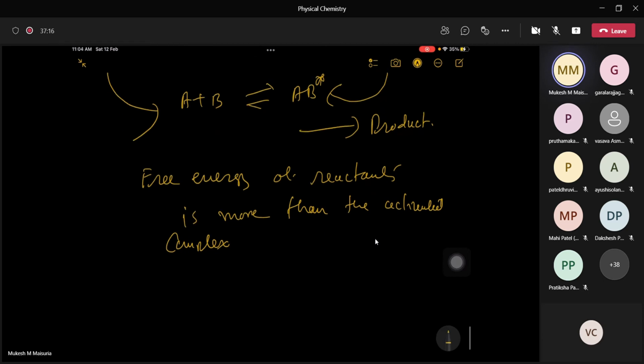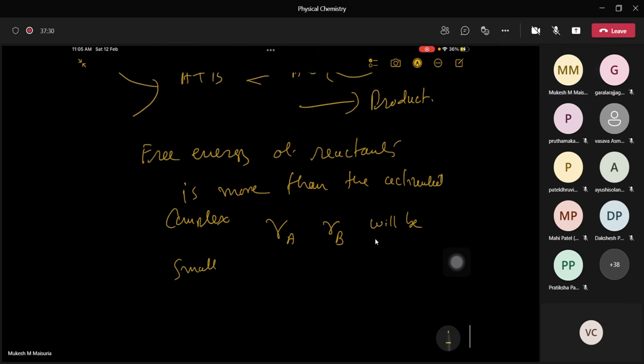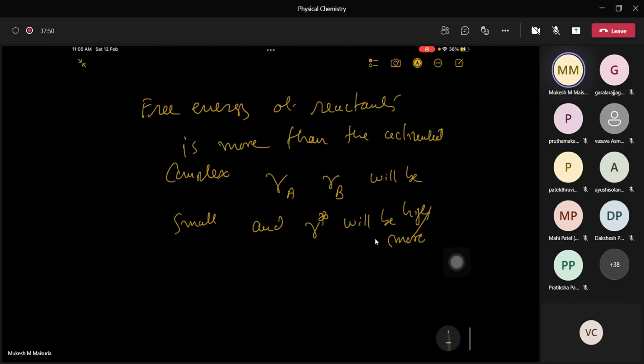So in this particular case, the activity coefficients of component A and component B will be small, and obviously the activity coefficient of the activated complex will be high.